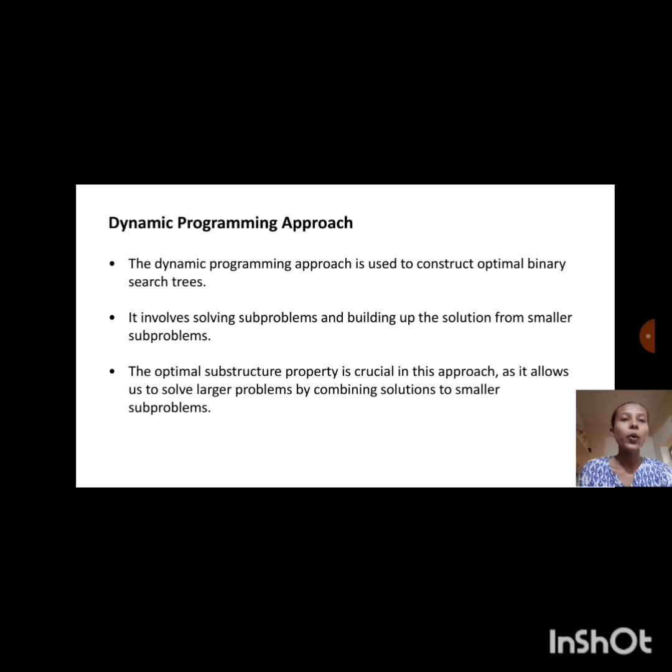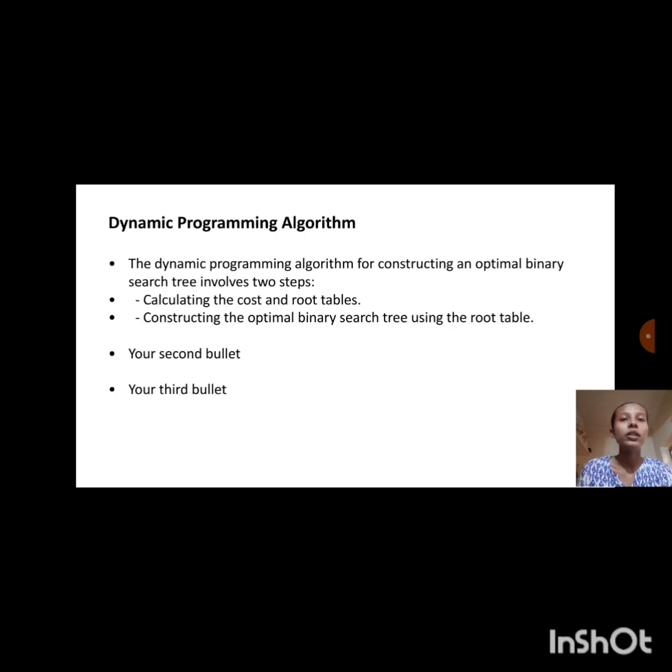The dynamic programming approach is used to construct the optimal binary search tree. It involves solving subproblems or building up the solution from smaller subproblems. The optimal substructure property is crucial in this approach as it allows us to solve larger problems by combining solutions to smaller subproblems.